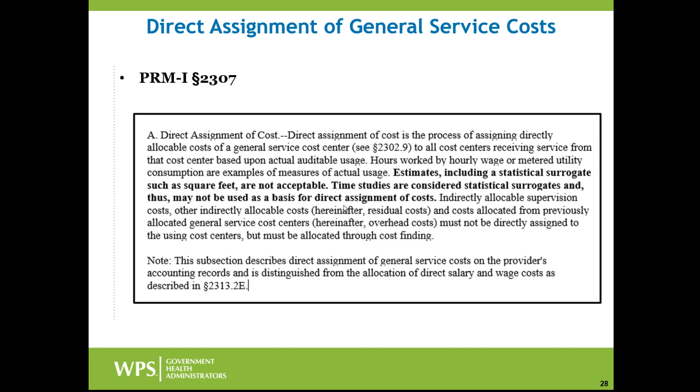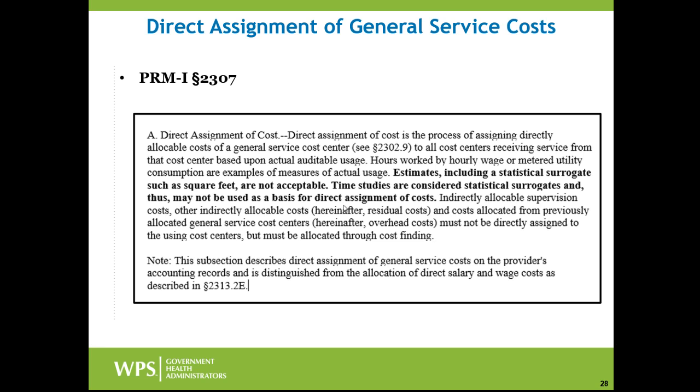We're no longer using a statistic to estimate how much of that cost belongs in each cost center. What we're saying here is that there's something auditable that shows how much was actually used. Some examples that are given: hours worked by hourly wage. If you have the hours, that's a perfect way of tracking how much cost goes there.